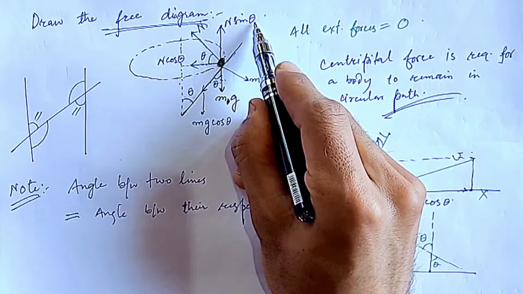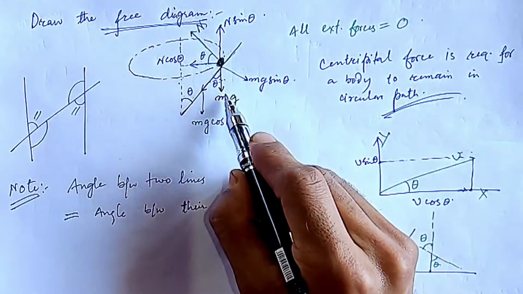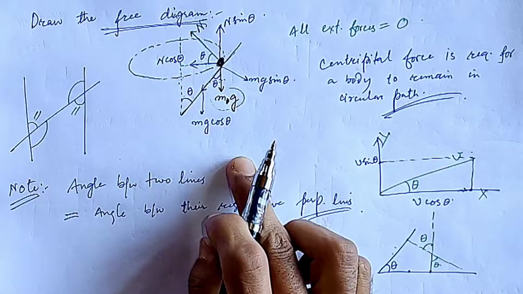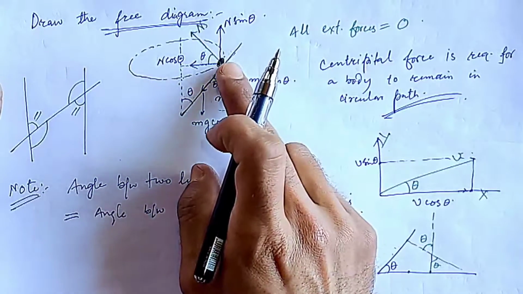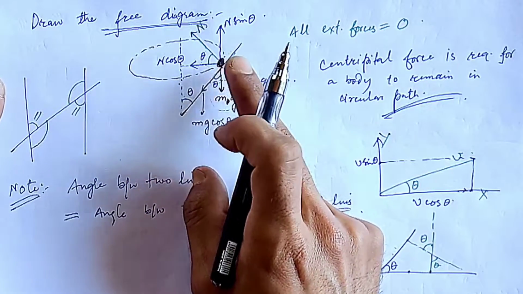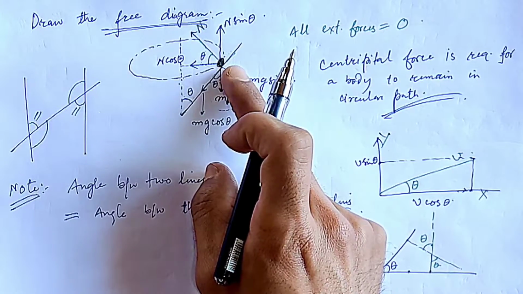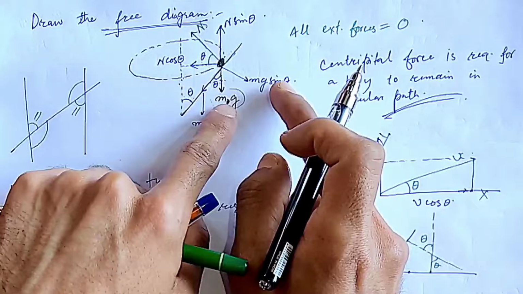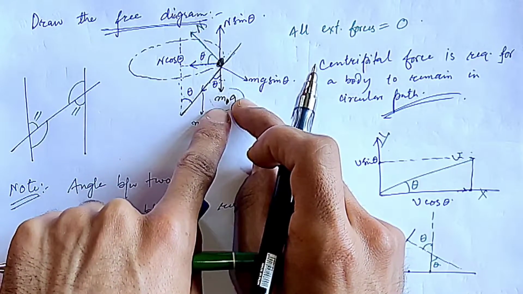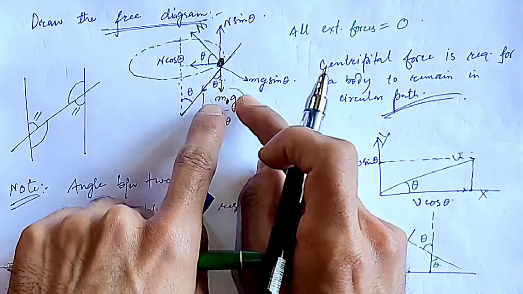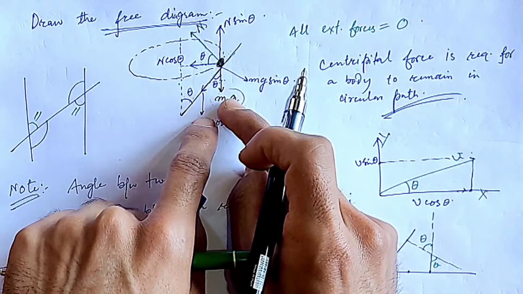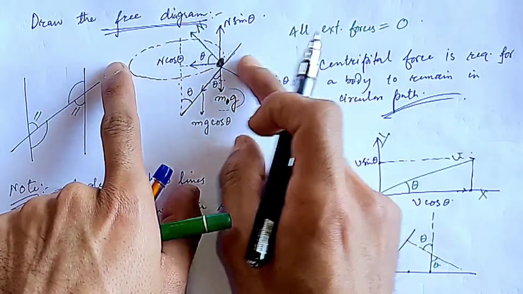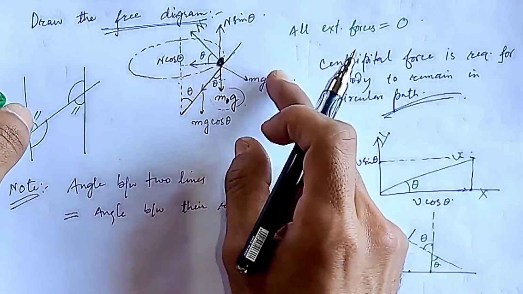This n sine of theta is equal and opposite to mg, the downward force. Because it is the same force exerted on the surface of the cone by m, and the same force is exerted downwards, that is the weight of the body, the same body m. This cosine component will not be cancelled out by anyone.